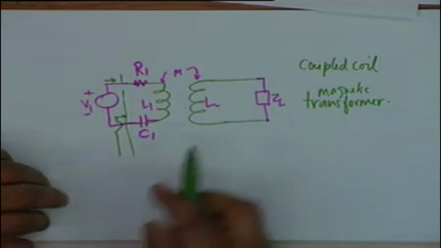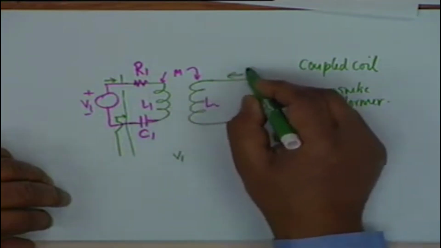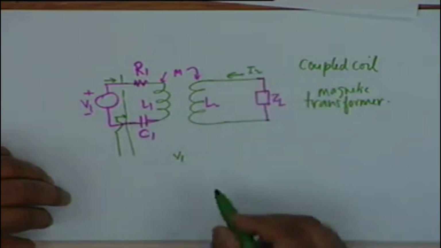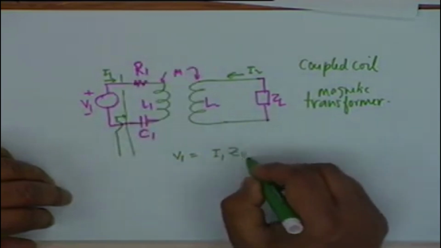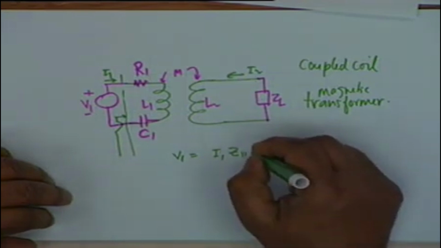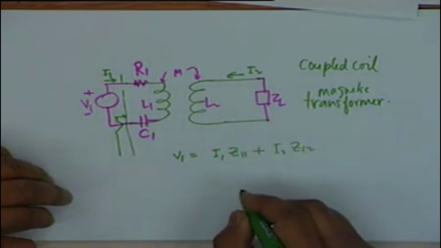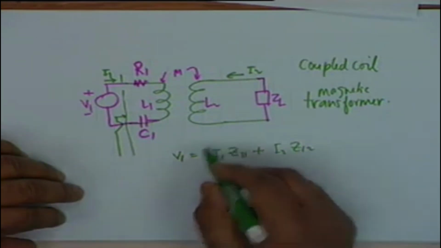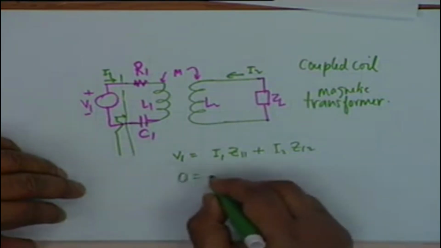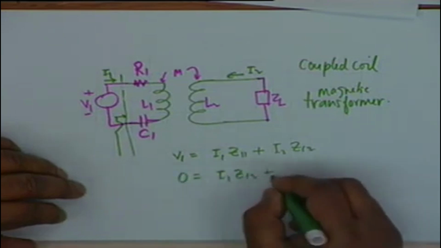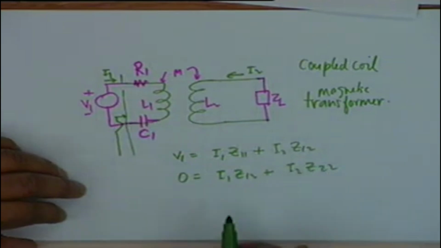What current? Well, all we do is write the two equations. If this is V1, and this current is I1, and this is I2, then you can write V1 equals I1 Z11 plus I2 Z12, and in the second loop there is no driving voltage, so 0 equals I1 Z12 plus I2 Z22.